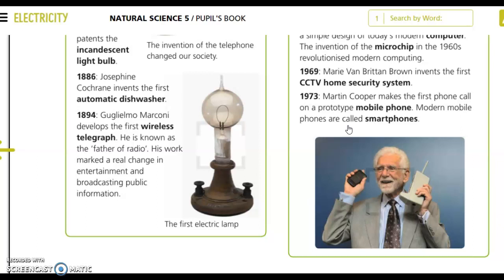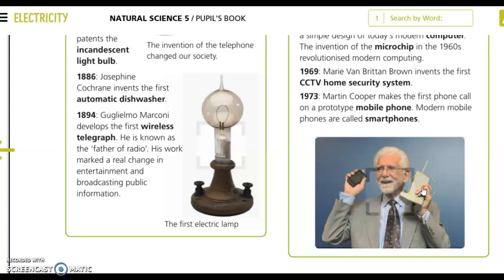Okay, good. So the beginning of computers, security systems at home, that was 1969. And the first prototype of mobile phone, look at the difference. And this is still old compared to the ones that we have today, but look at this mobile phone.